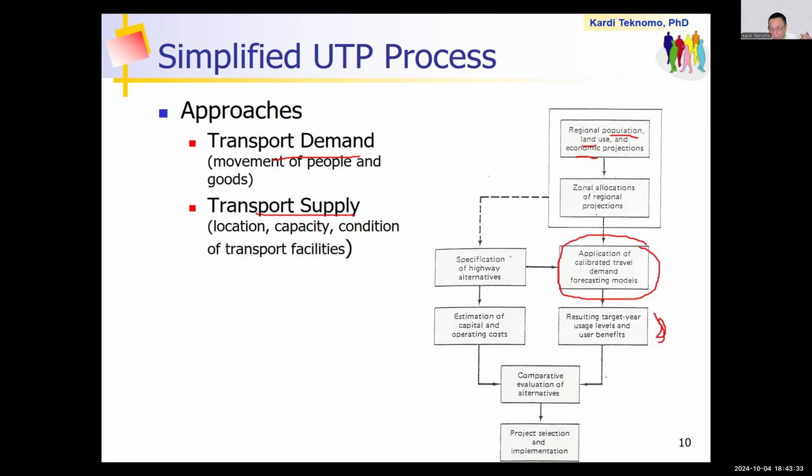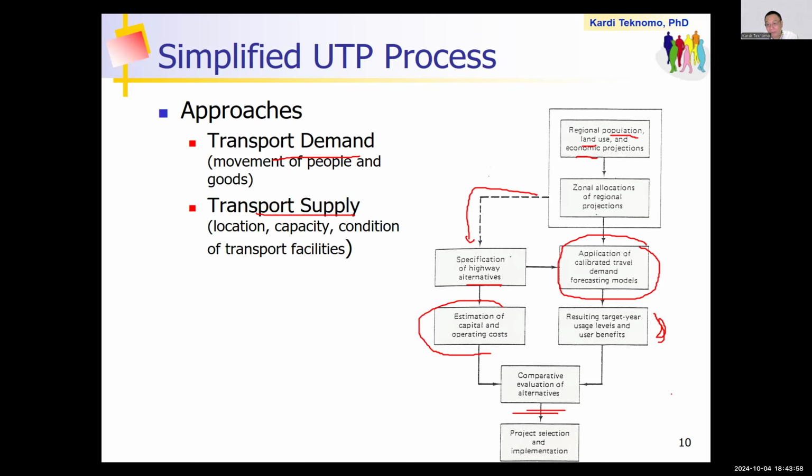And then you also create the alternatives. What will be the specification of the change of network structure, basically? What will be the change? From these alternatives, you compute the cost and check whether it is good or not.